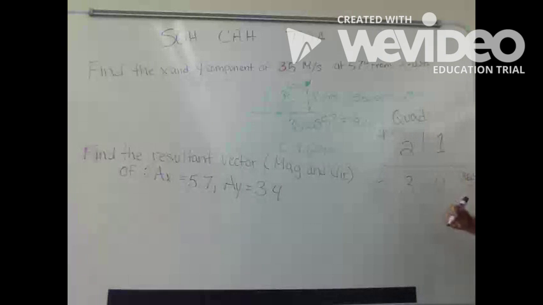Then if you're in the third quadrant, you're going to minus that, okay? And then if you're in the fourth quadrant, you're going to minus that as well from that 360. So keep in mind what quadrant you're in when you're working out these problems.